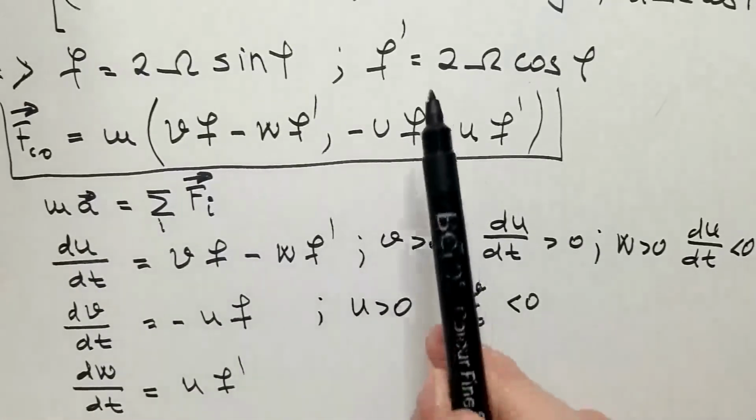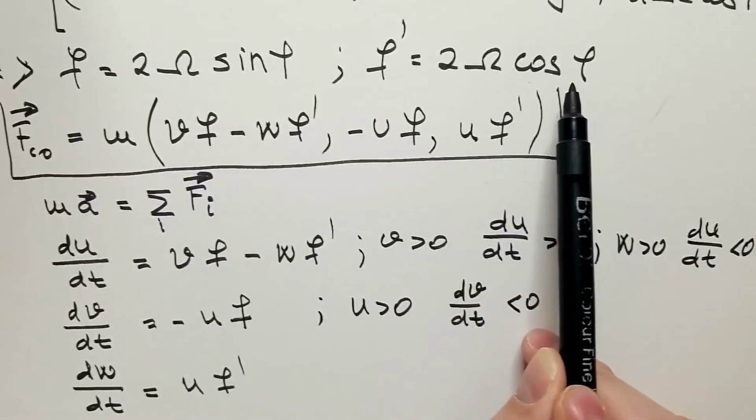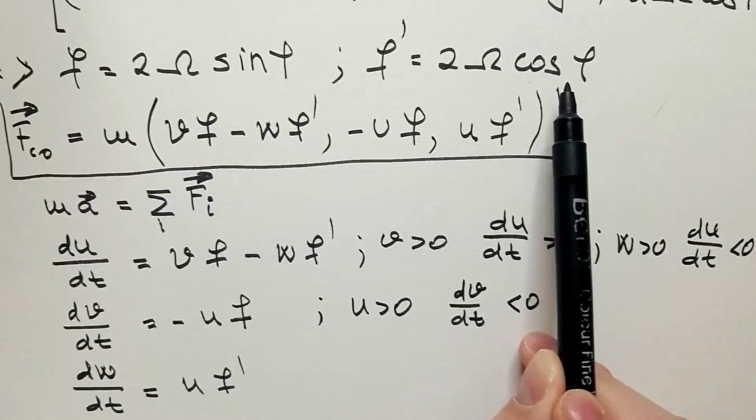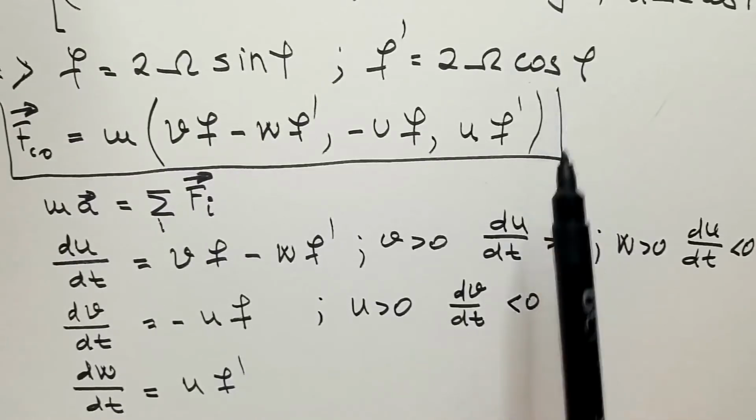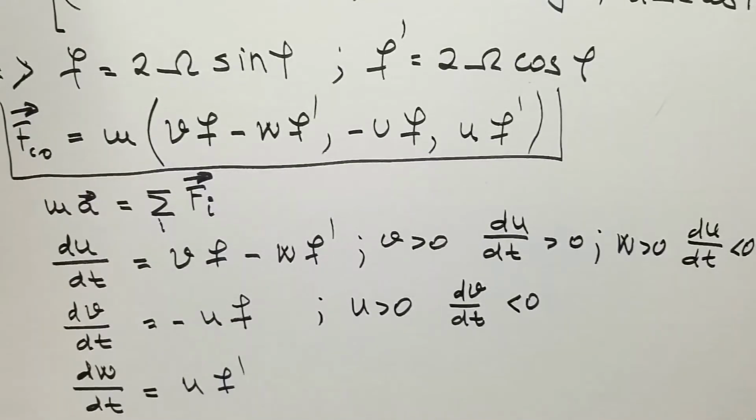And because f prime is 2 omega cosine phi, and cosine phi doesn't change sign from the northern to the southern hemisphere, we see that this rule in the vertical direction is independent of the hemisphere, which means the same will be observed in the southern hemisphere.